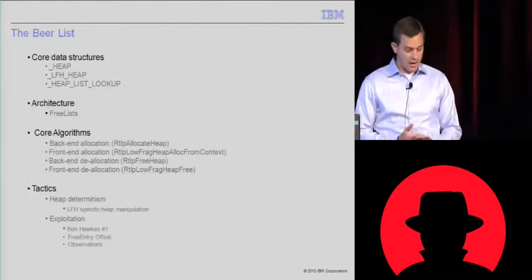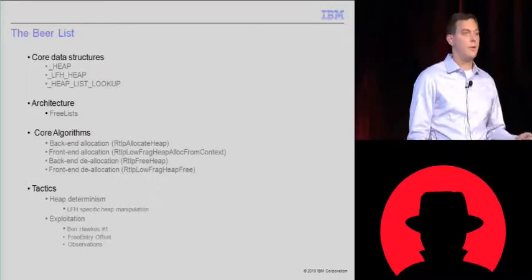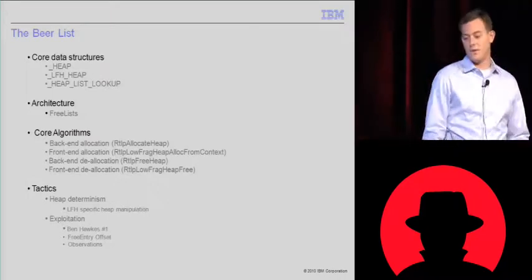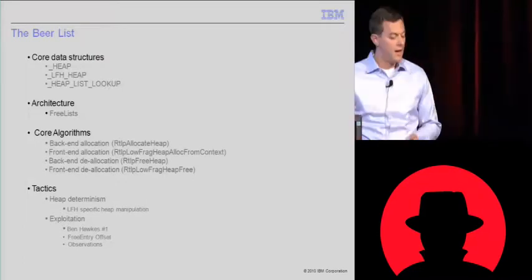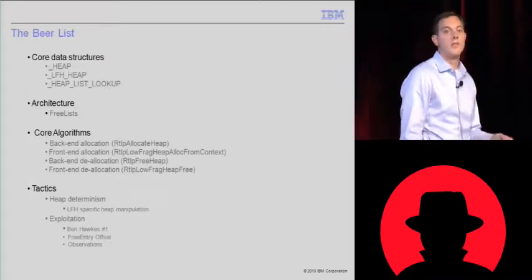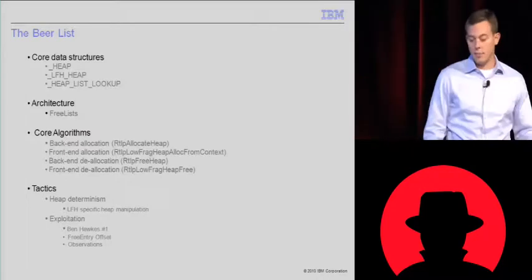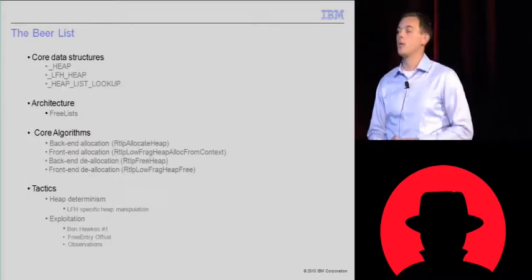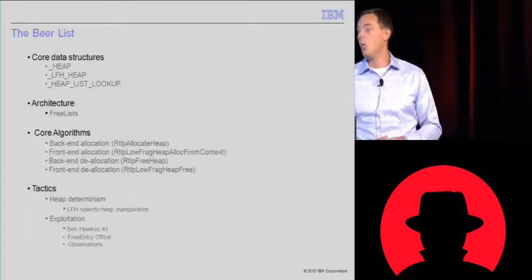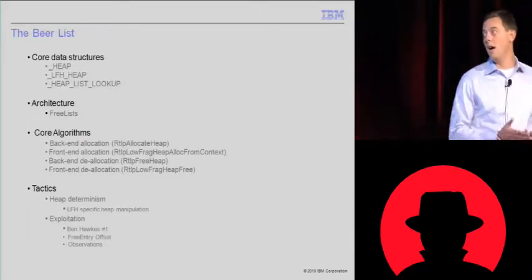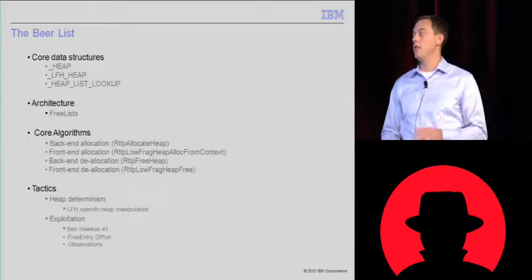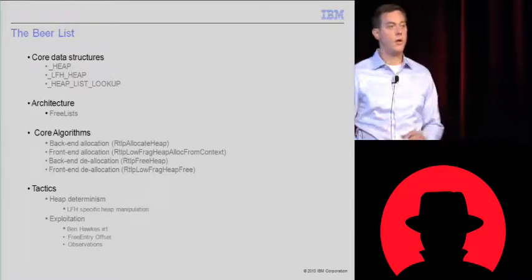Everyone can feel free to go to sleep while I go through the core algorithms, as I'll do it both for the front end and the back end. Lastly, we'll discuss tactics, specifically heap determinism, and then some exploitation techniques, one by Ben Hawkes, which I call Ben Hawkes number 1, and then another one that is strikingly similar by me, which is overriding the free entry offset.